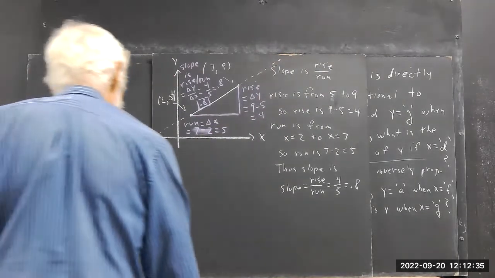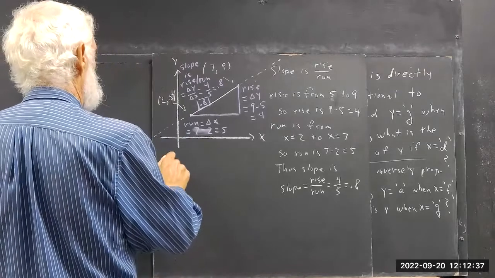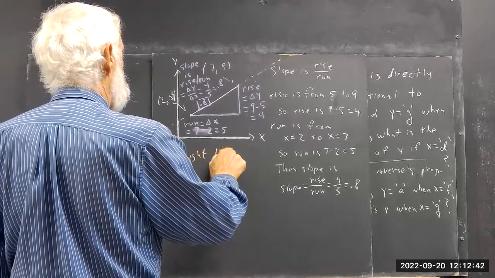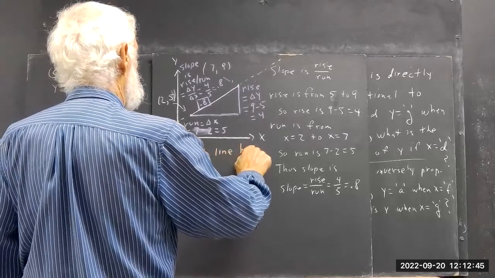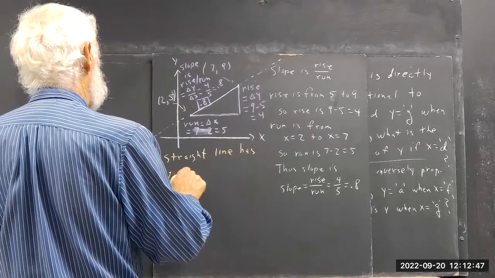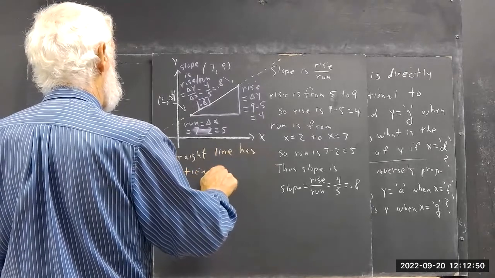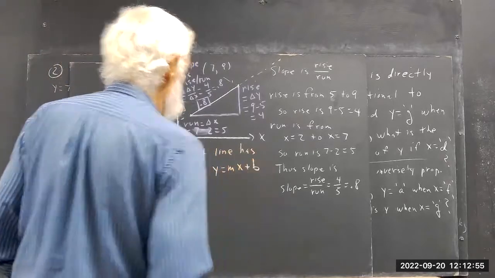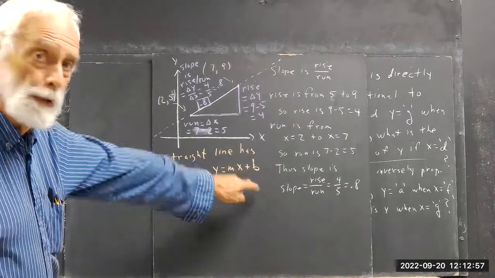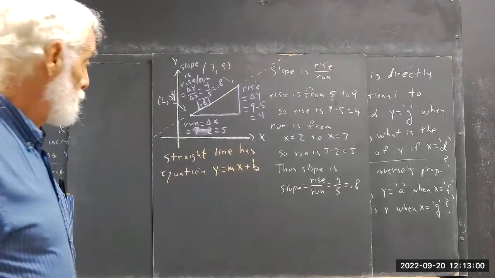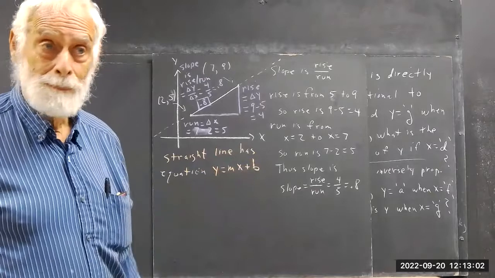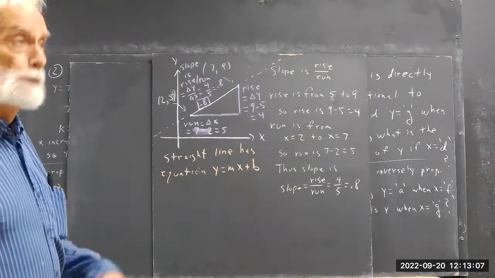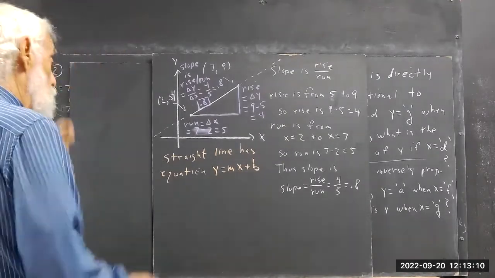Okay, so the straight line has the equation y equals mx plus b. Almost everybody uses these letters, although sometimes it's ax plus b. If I use mx plus b, that's what Open Math is going to do, at least in most of the problems. So y equals mx plus b.